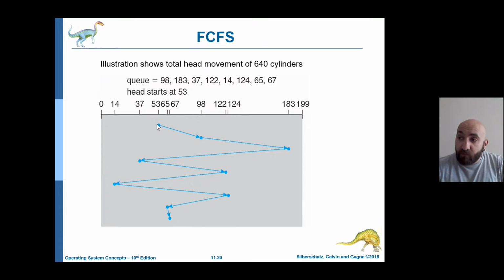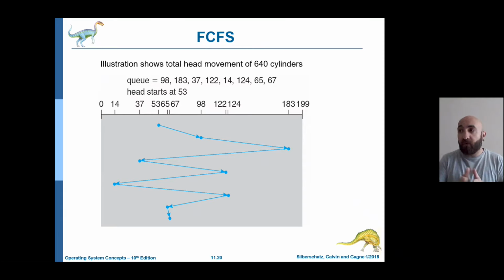Based on the movement between these points, we can find the total movement of our head, and based on that, we can compare different algorithms.